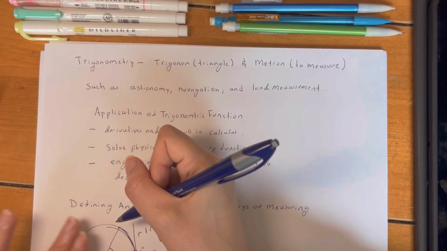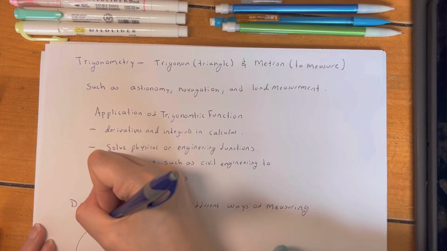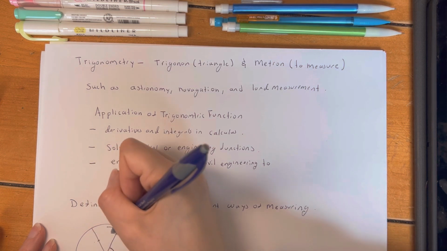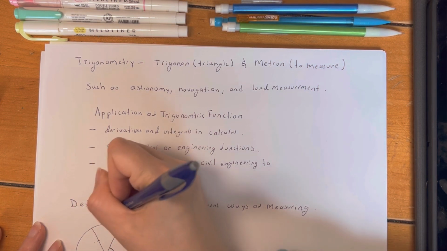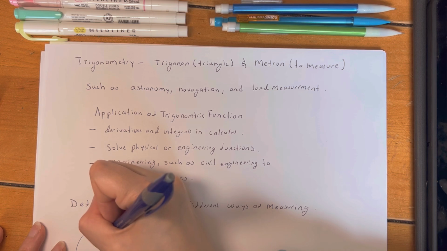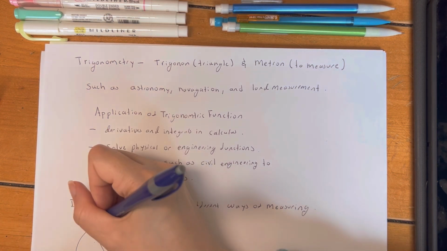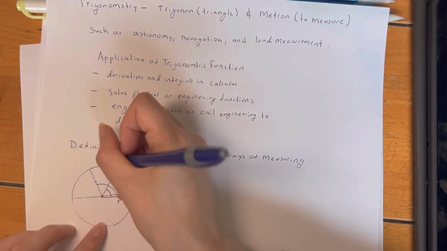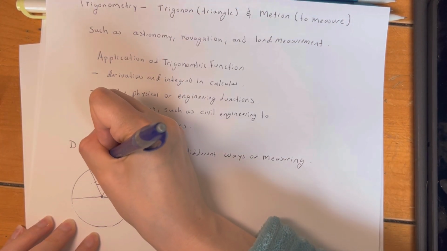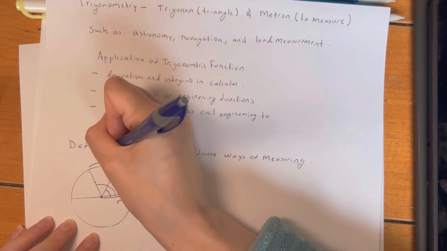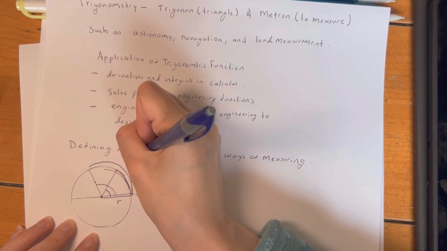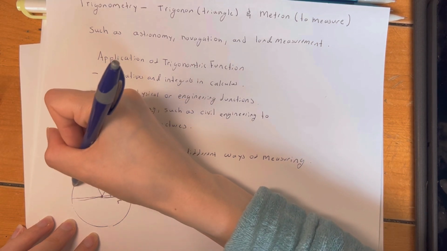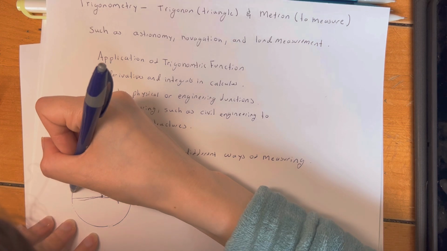Then let's say we copy and paste this radius here. We now have 1 rad, 2 rad. Let's copy and paste it again.